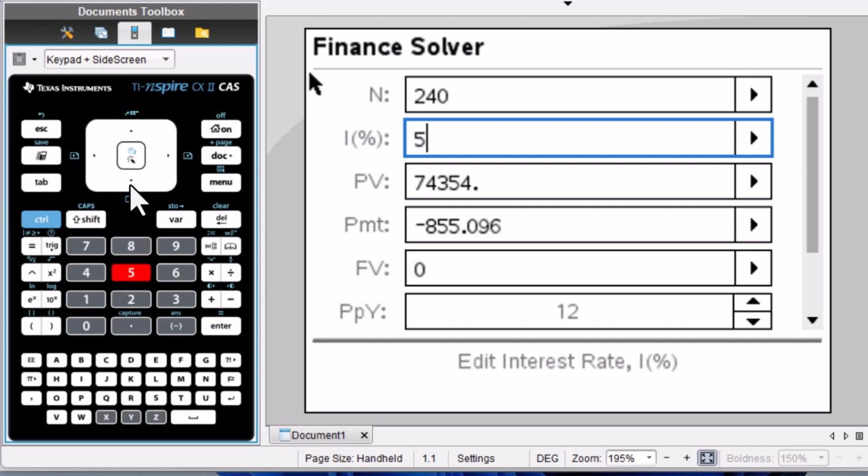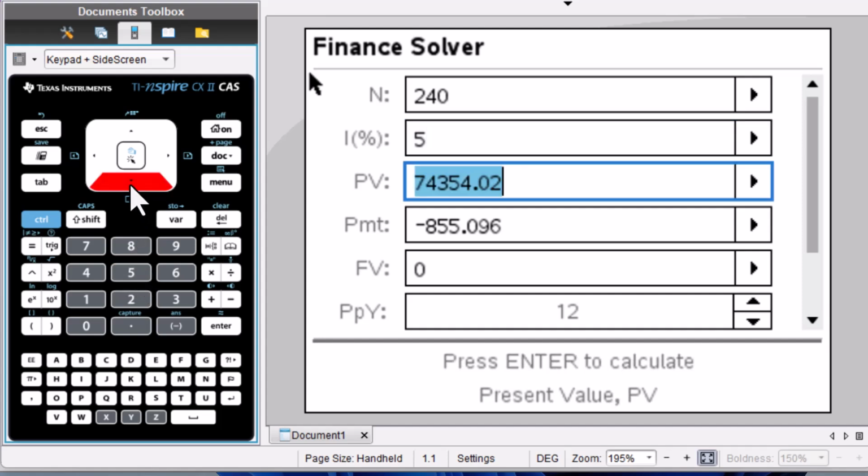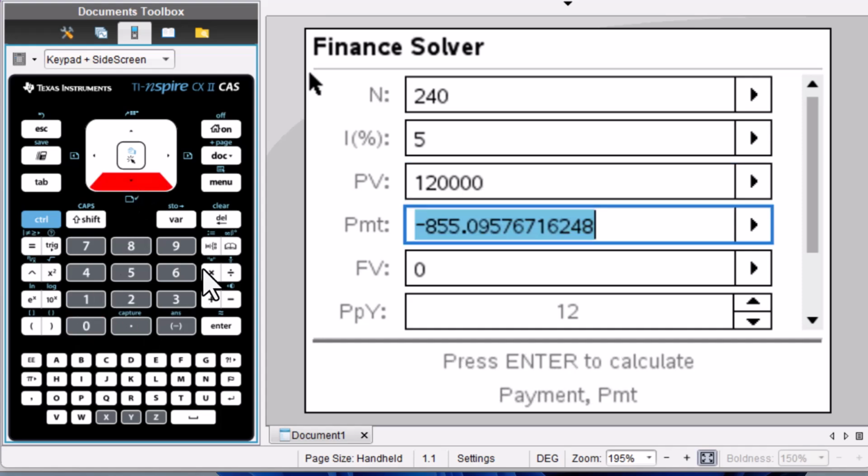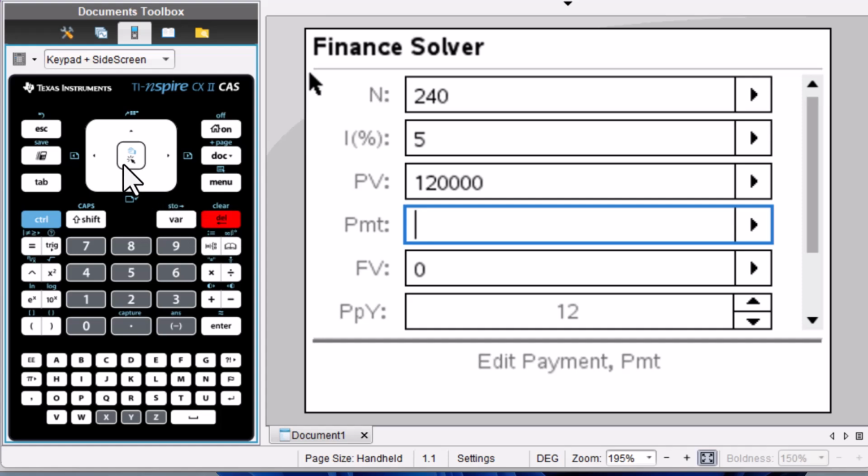Interest rate is 5%. Present value, positive $120,000. PMT, payment monthly, is something we are looking for. Future value is 0.